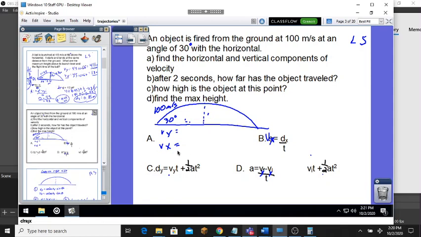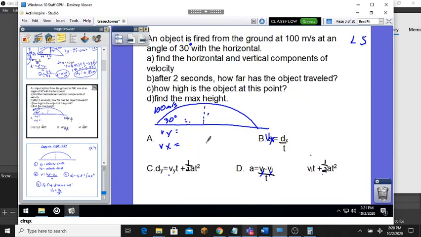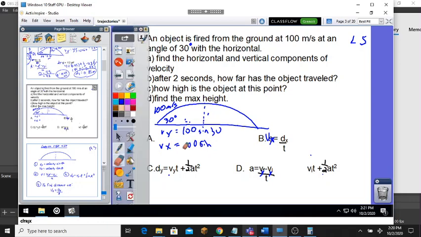If we look at the notes, it says velocity times sine of the angle. The velocity is right here, that they're giving us, 100 sine of the angle. Oh, this one should be cosine. Let's fix that. This should be cosine.